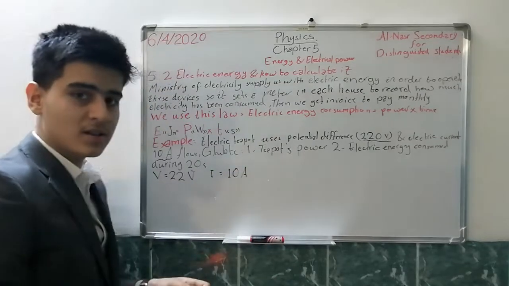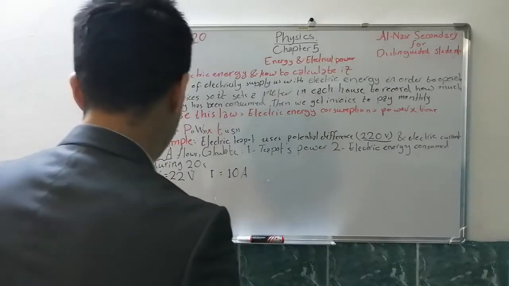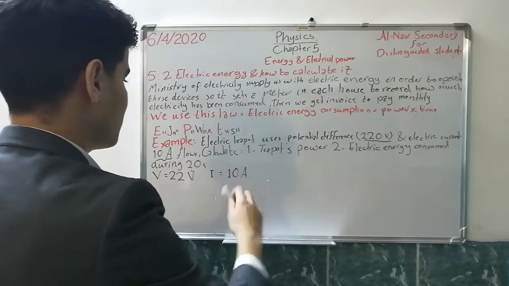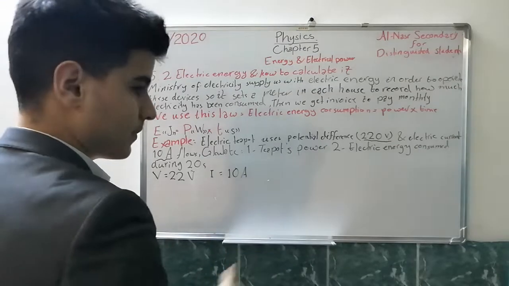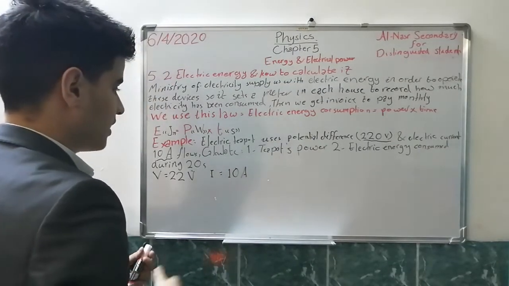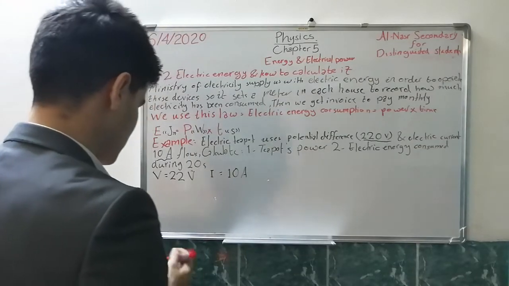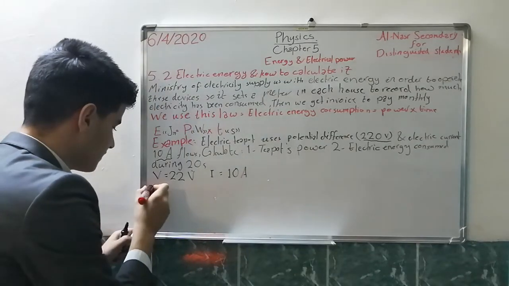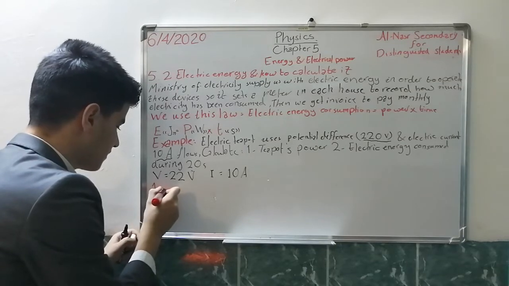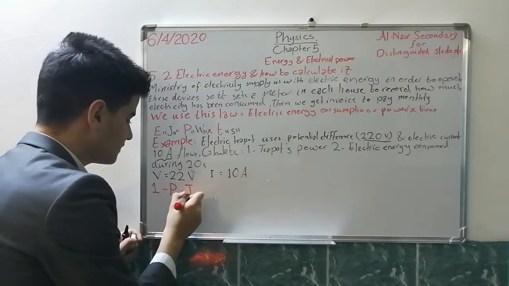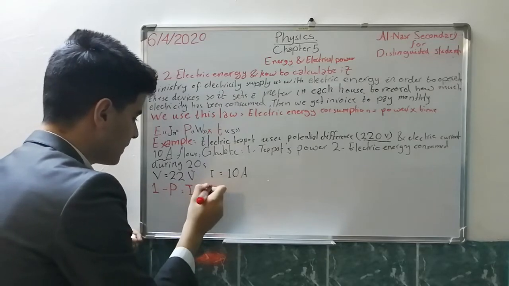In order to find the teapot power, we write as the following: power equals I multiplied by V.